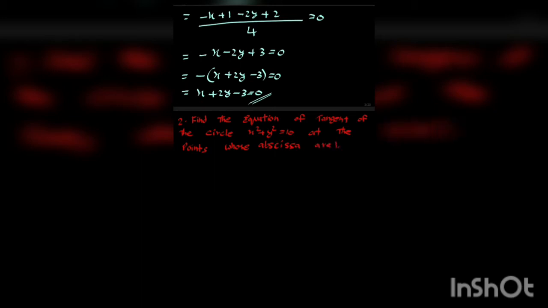So the given question is to find the equation of tangent of the circle x square plus y square is equal to 10 at the point whose abscissa is 1.